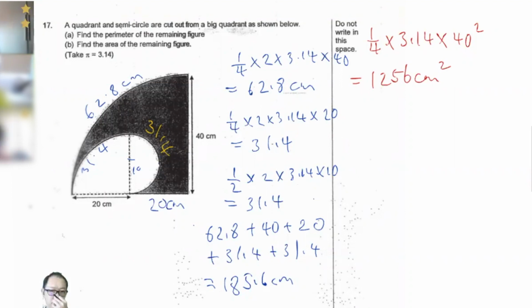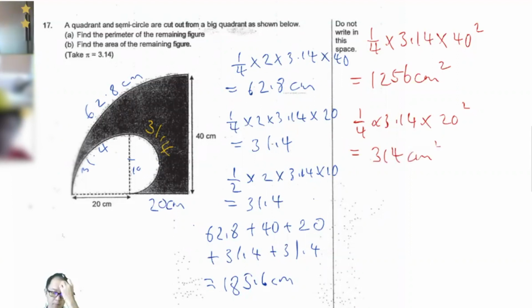Next, small quadrant. 314. Okay, so that's the small quadrant.